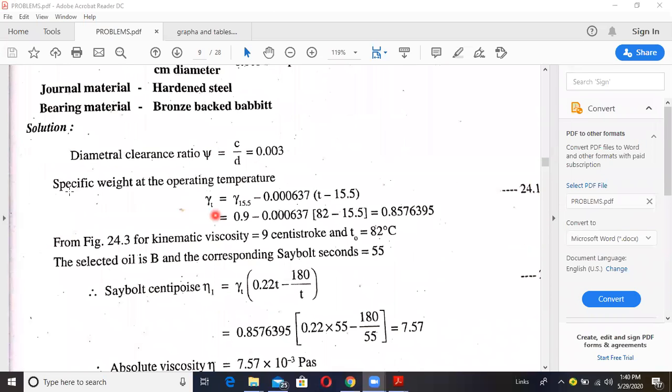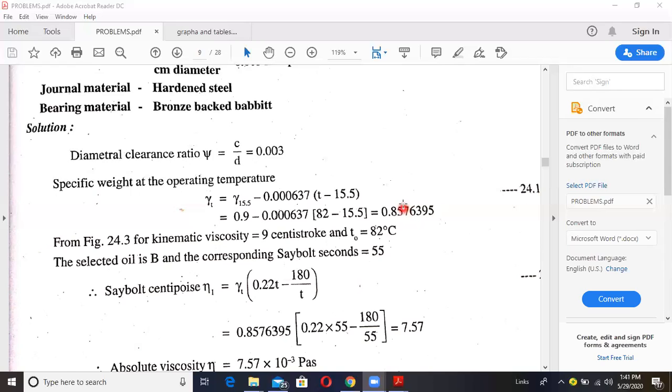First we take the specific gravity at the operating temperature: gamma T is equal to gamma at 15.5 minus 0.000637 into (T minus 15.5). Substituting gamma at 15.5 as 0.9 from the question and the operating temperature T naught as 82, we get gamma T, the specific gravity at operating temperature.